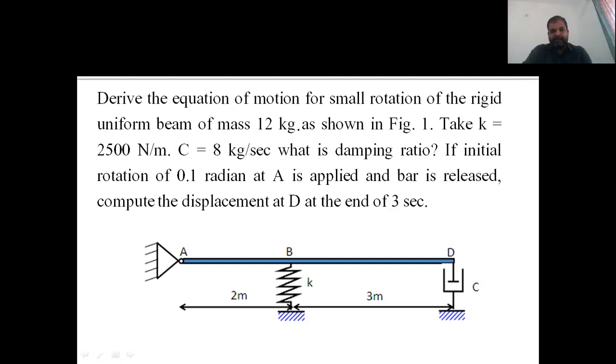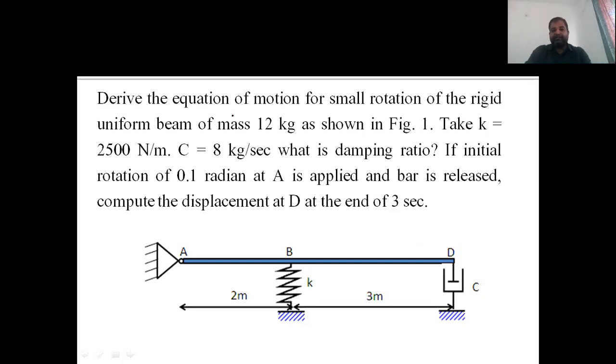Take K equal to 2500 Newton per meter, C equal to 8 kg per second, and find the damping ratio first. If a rotation of 0.1 degree at point A is applied and the bar is released, compute the displacement at end D after 3 seconds. So that is your second question.